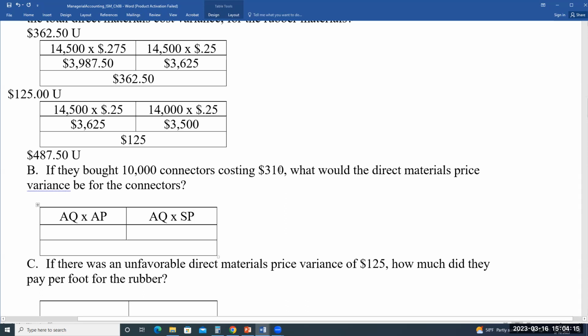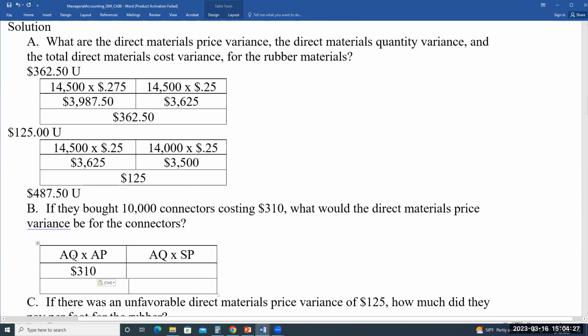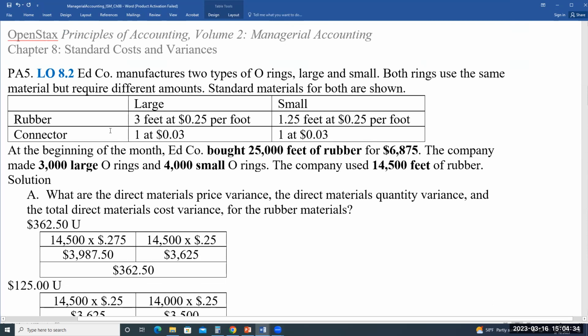So they're saying the actual price was $310. And we're trying to figure out what's the variance. So first thing we need here is the actual quantity of connectors. If it takes one connector per O-ring, regardless of the size, they made 7,000 O-rings, that means they need 7,000 connectors, right?